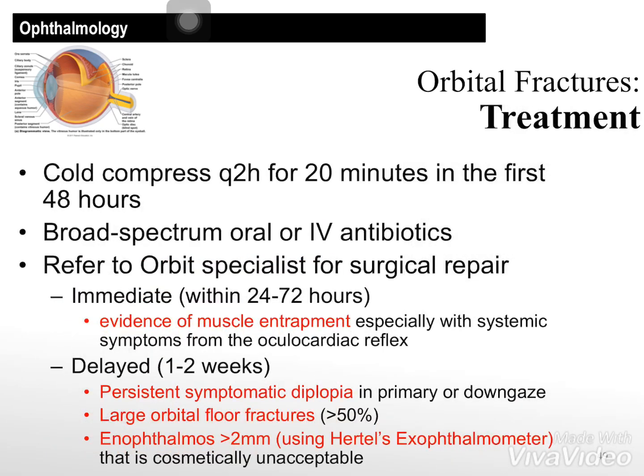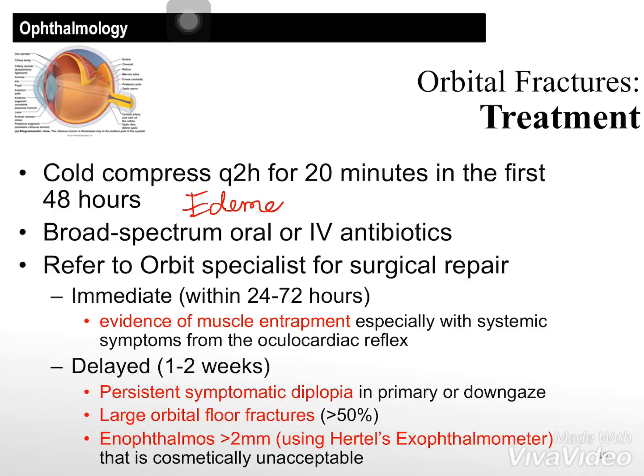What do you do if you confirm that there's an orbital fracture? You give a cold compress every 2 hours for 20 minutes in the first 48 hours. This is to reduce the edema so that you can better assess the fracture and the effect on the globe.